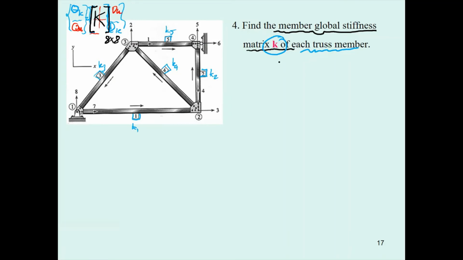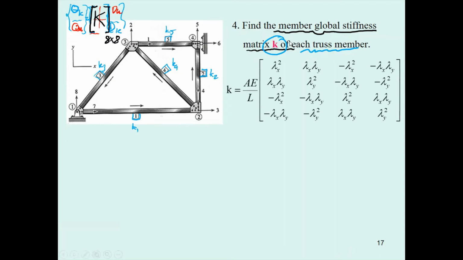So when you come to the small k, there are the coordinate direction cosines, lambda sub x and lambda sub y. Lambda x is going to be x sub f minus x sub n divided by L, and lambda y is going to be y sub f minus y sub n divided by L.